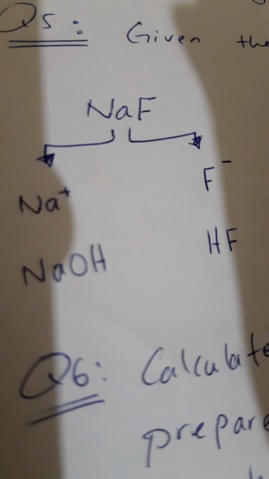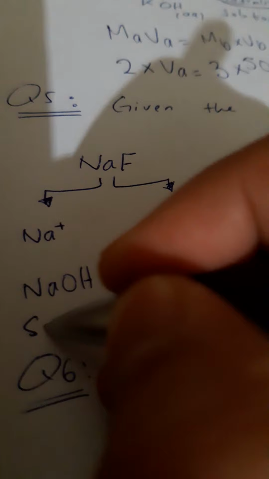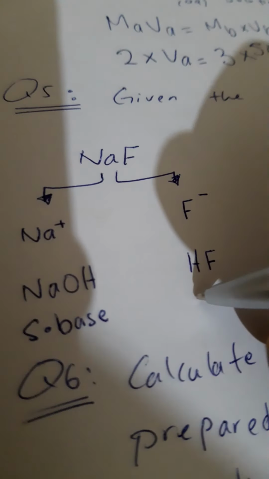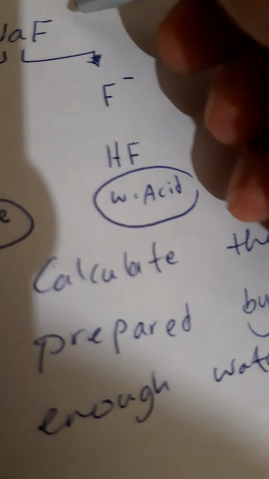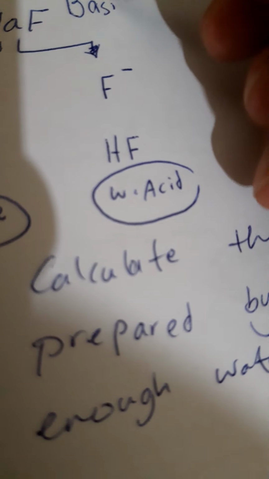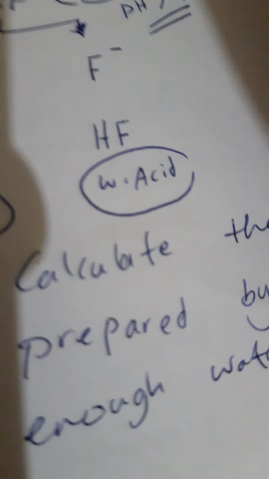Now, you should memorize the list of strong acids and strong bases to know that this one is a strong base and this one is a weak acid. So the salt that came from a strong base and a weak acid is a basic salt, or the pH of this solution is above 7.